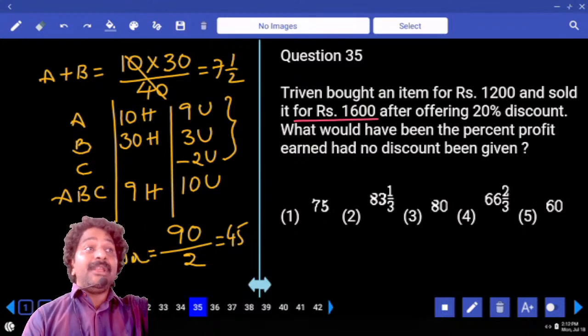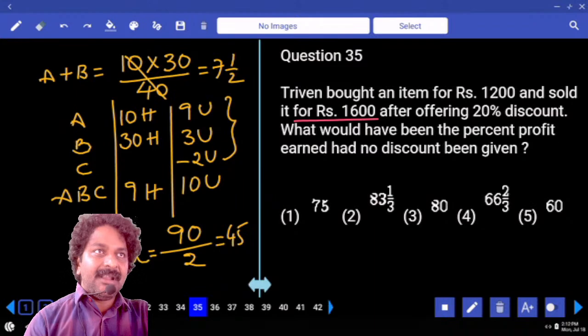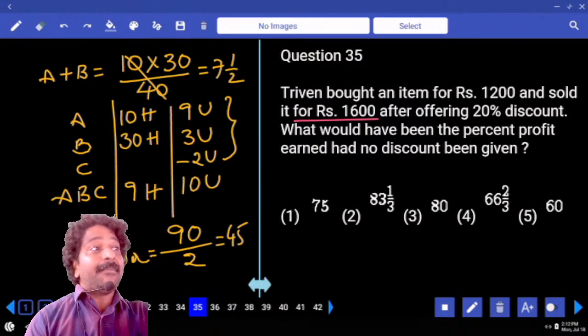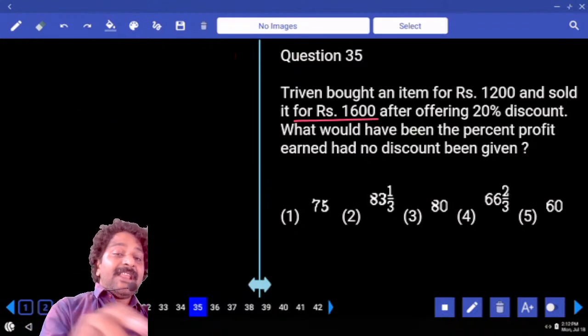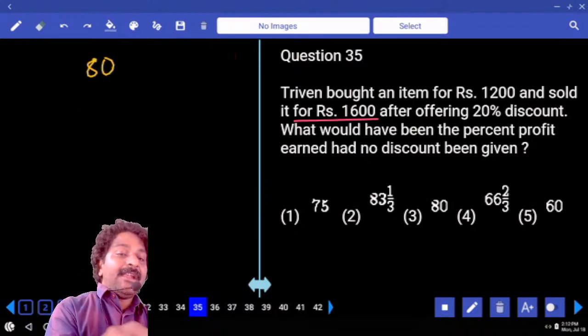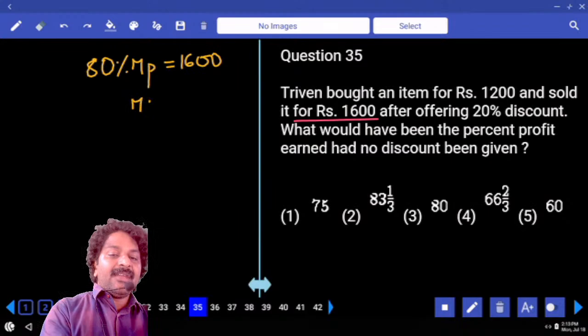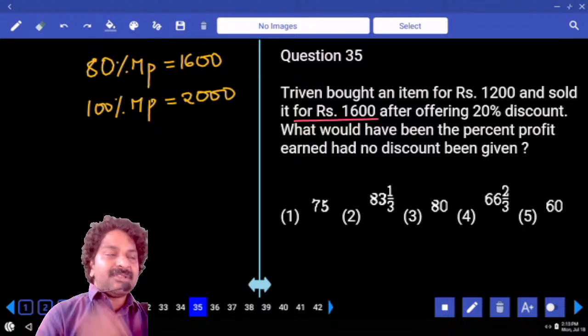Then if the original market price is 100%, out of 100% we are giving 20% discount, then we will sell the item at 80% of the market price, which is equal to 2000 only.